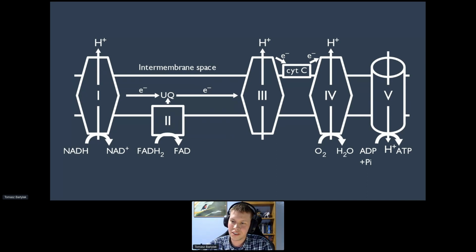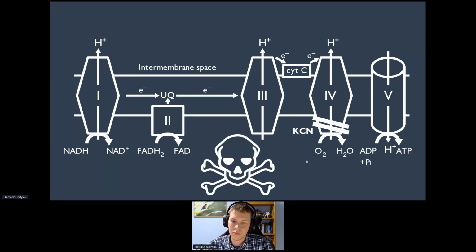And here you can see that cyanide affects the fourth complex of this respiratory chain, preventing proper functioning of this whole molecular machinery. Essentially, it stops functioning of mitochondria, which usually leads to death of the organism. It simply cuts off its power supply, we could say in more analogous terms.